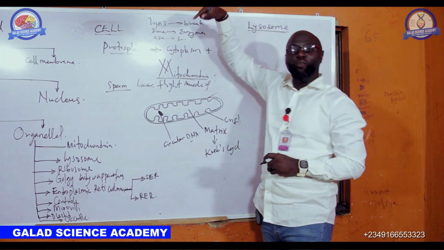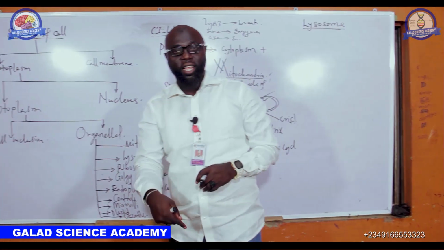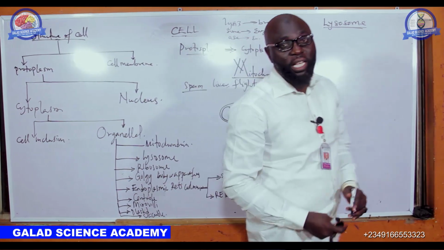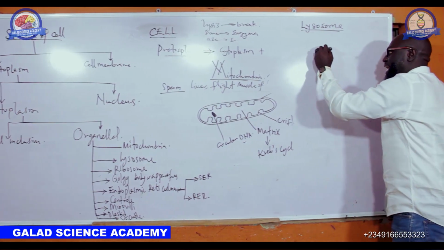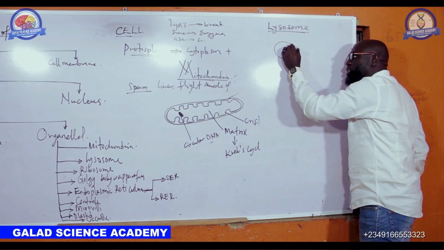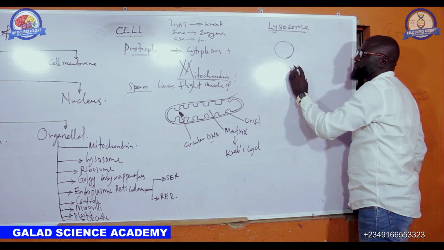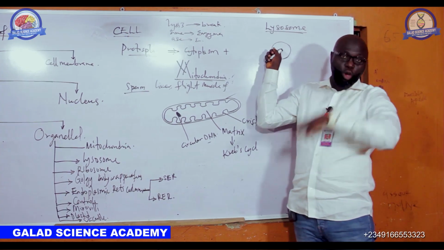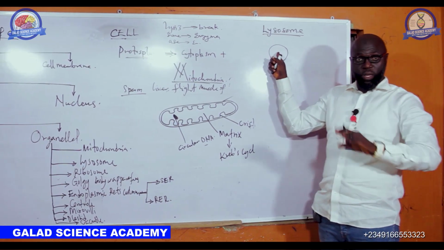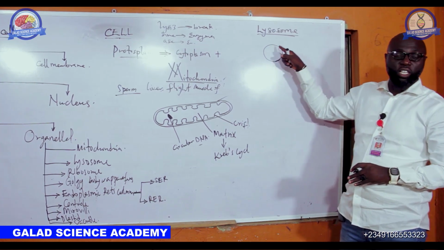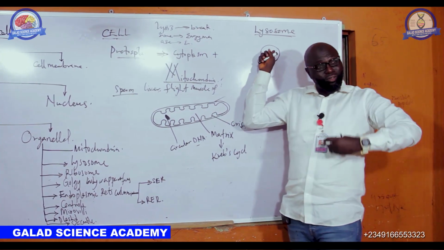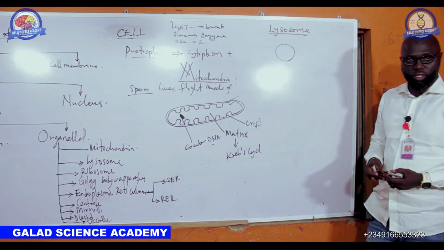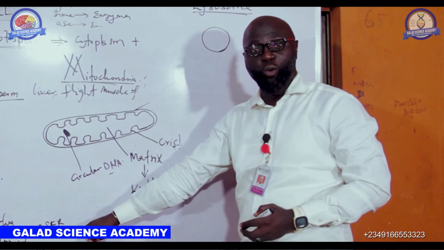The lysosome is a membrane organelle, spherical in shape, but smaller than the nucleus. It is secreted from the Golgi apparatus of the cell, the Golgi body.